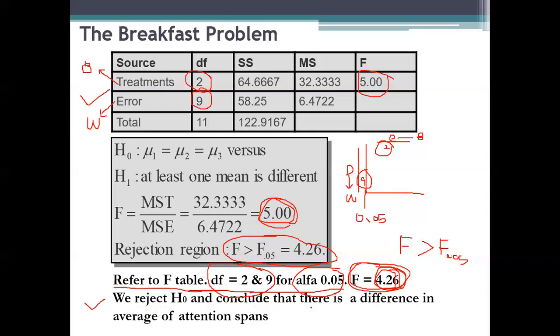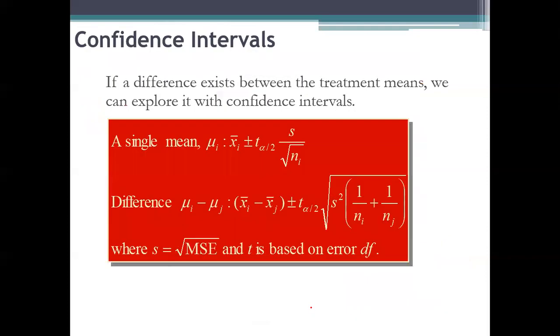If we reject the null hypothesis, we must further our analysis by using the confidence interval method. If a difference exists between the treatment means, that means we reject the null hypothesis and accept the alternative hypothesis.